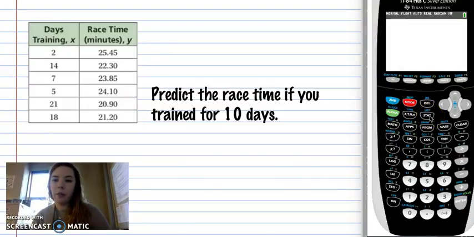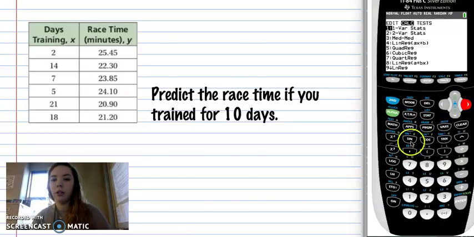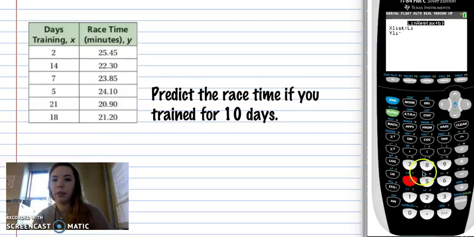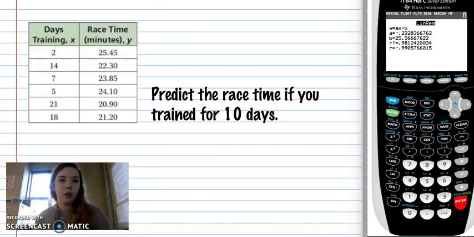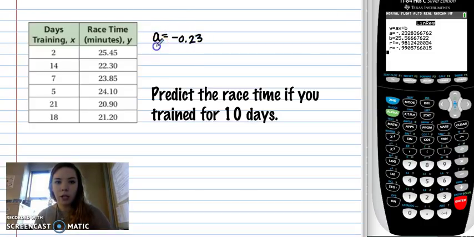I'm going to go back to my Statistics button. I'm going to arrow over to Calculations and click 4 for Linear Regression. Then I'm just going to go down and push Calculate. So then it says that our A is negative 23 hundredths, B is 25.57, and R is negative 0.99.